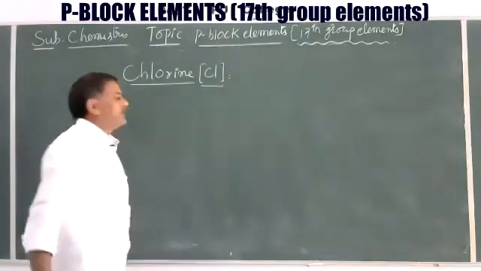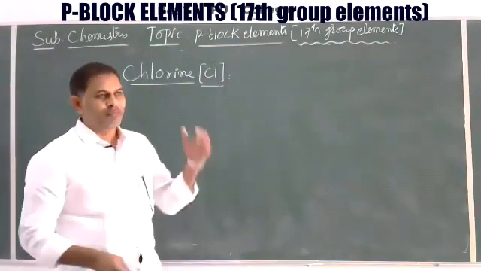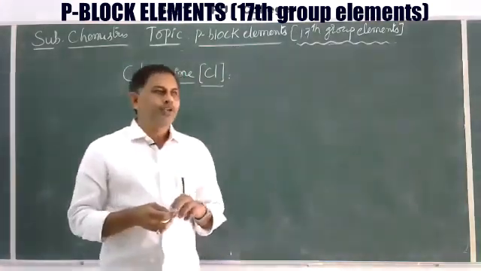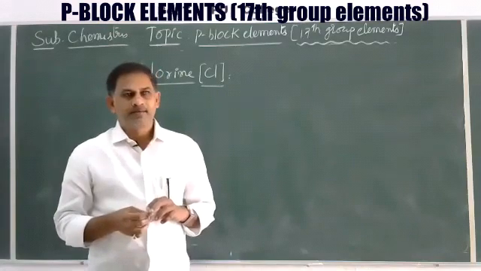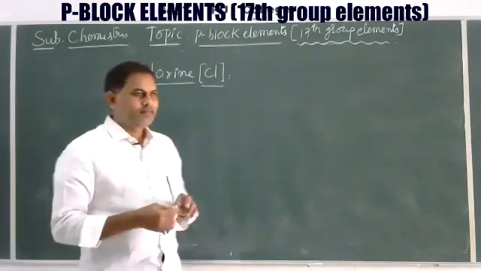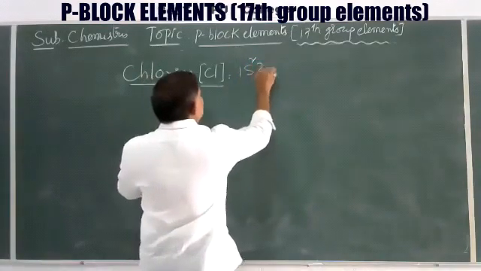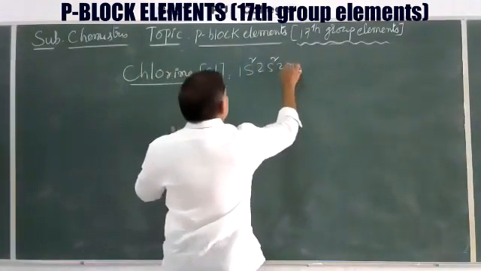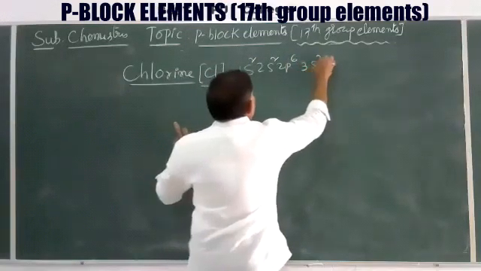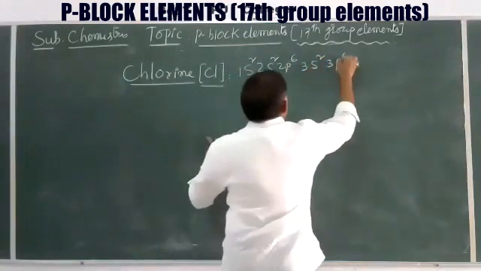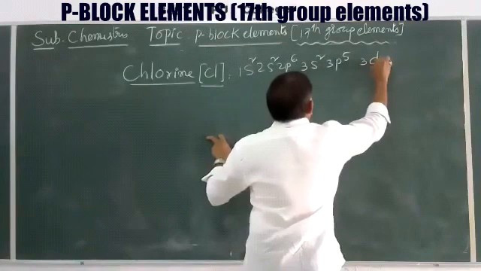Yes. Next one is about chlorine. What is the atomic number of chlorine? 17. Its electronic configuration is 1s2, 2s2, 2p6, 3s2, 3p5, and 3d vacant orbitals.